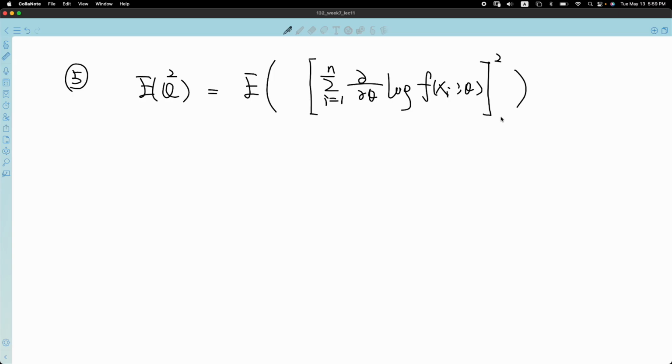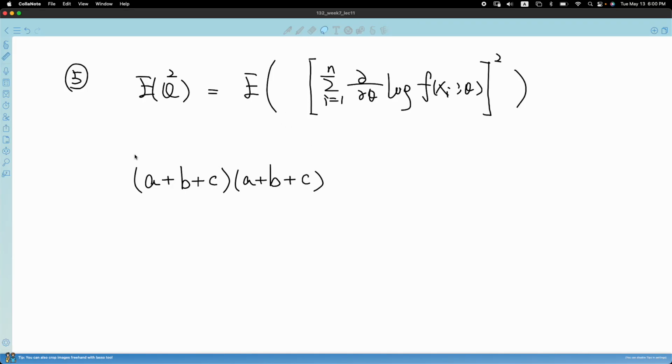For the square of the sum, let's consider the scalar version: a plus b plus c multiplied by a plus b plus c. So you have a sum of 3 terms and you want to take the square.